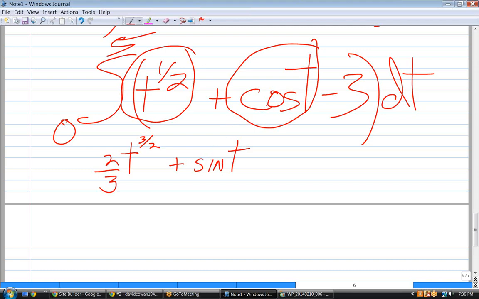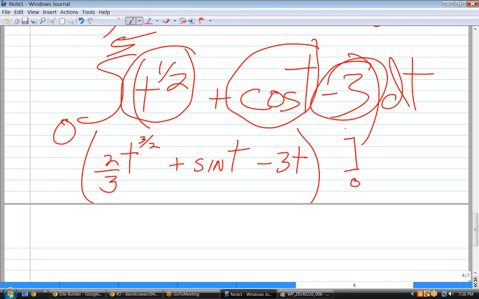So the integral of cosine, or the antiderivative of cosine, is sine. Okay. And then what about that part? It's 3t. Minus 3t. So I'm going to evaluate this whole thing. That's the integral from 0 to 5. Again, I can see that the 0 produces nothing but zeros. So if I evaluate it at 5, I'm going to have my answer. Mm-hmm.